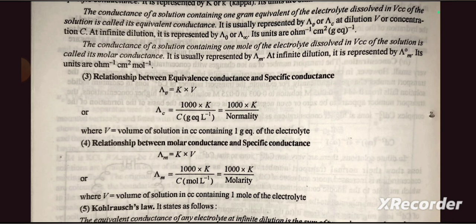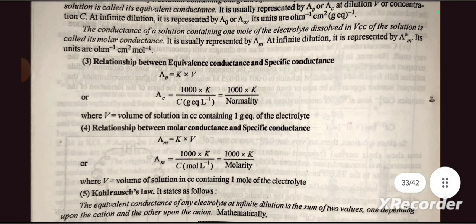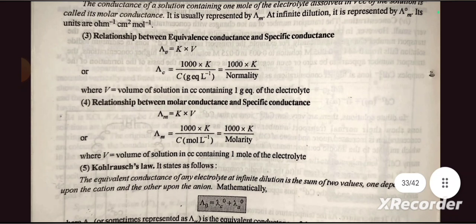Its units are ohm inverse centimeter square gram equivalent inverse. The conductance of a solution containing 1 mole of the electrolyte dissolved in V cc of the solution is called its molar conductance. It is usually represented by lambda m. At infinite dilution, it is represented by lambda naught m. Its units are ohm inverse centimeter square mole inverse.